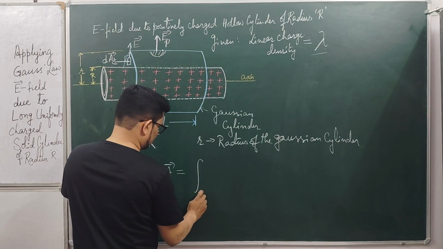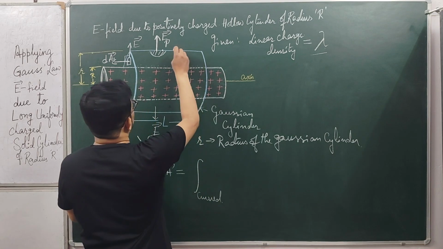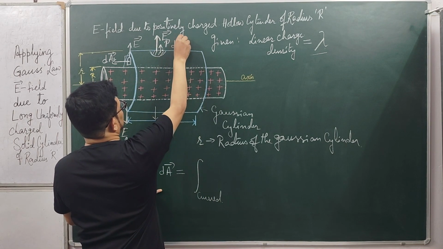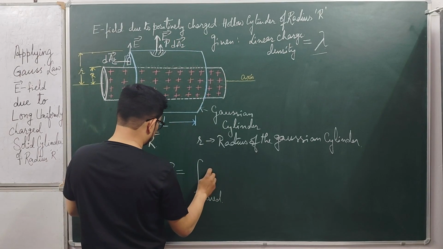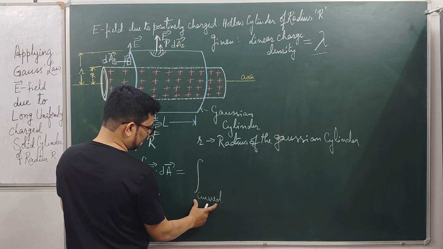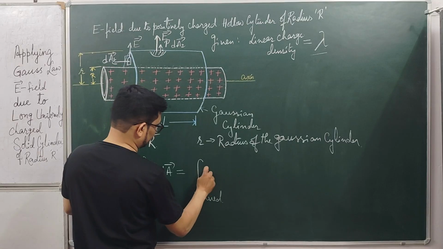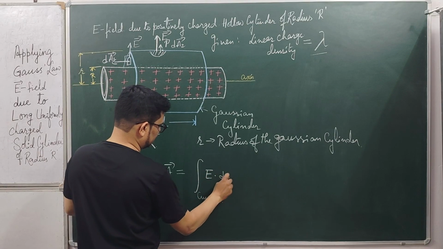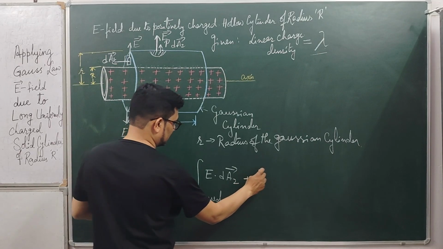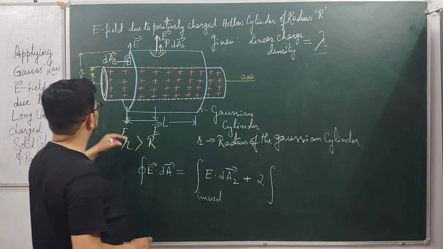For the curved surface, we can assume this area to be dA2, for example. So this includes the integral over the curved surface plus twice the flat surface. So we can write this E dot dA, we have taken 2 here, plus for the two flat surfaces, and we know both the quantities are going to be equal.